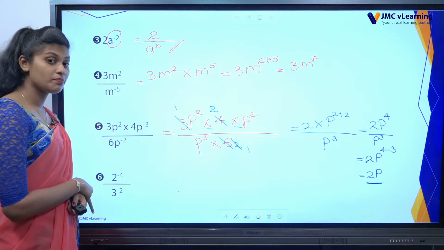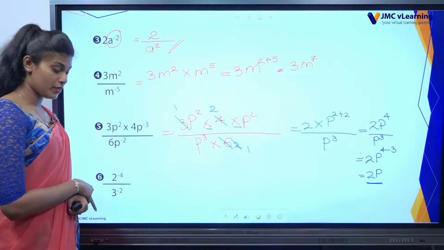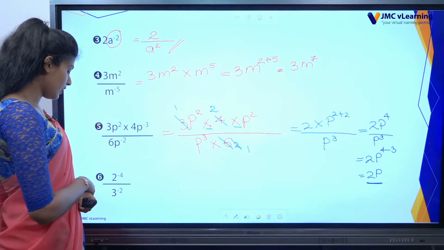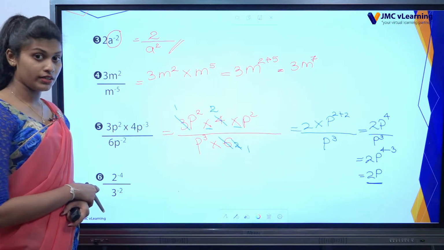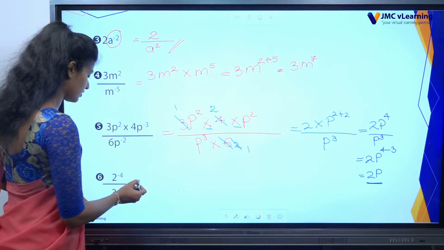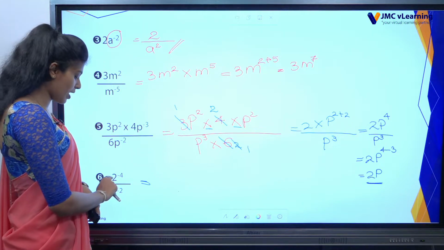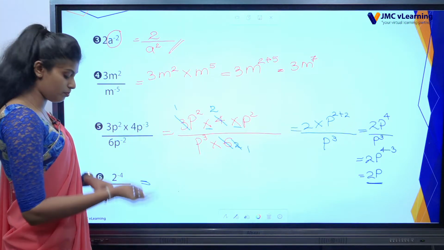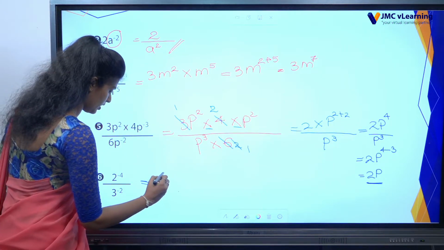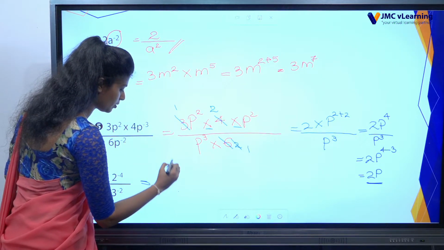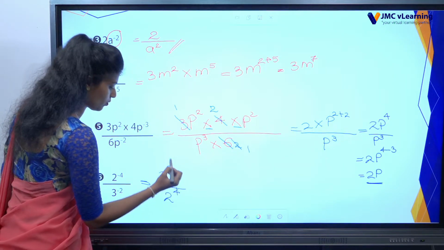2 to the power minus 4 divide 3 to the power minus 2. Then what do you have to do? Let's turn each index to plus. You have to take that minus 4 index part below and that minus 2 index part to above. Then here above 3 to the power 2, below 2 to the power 4.